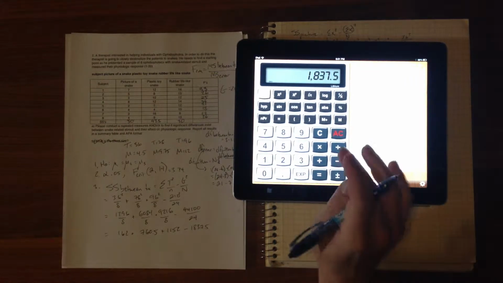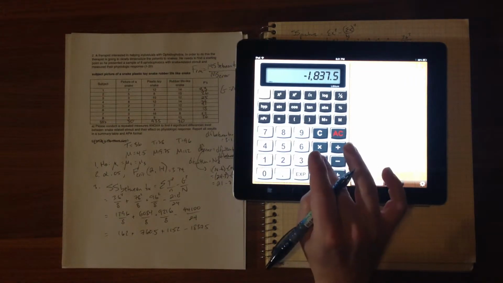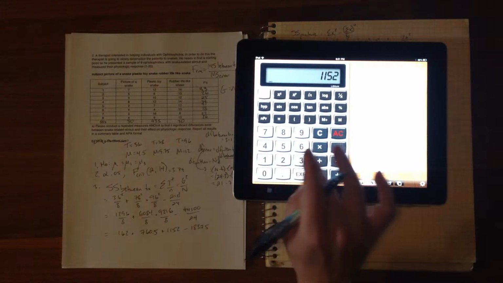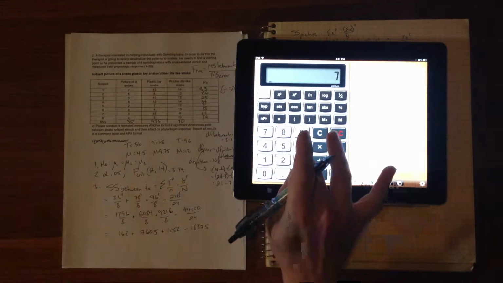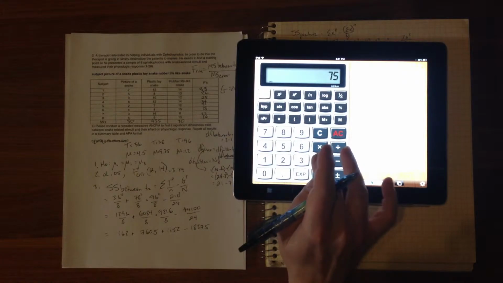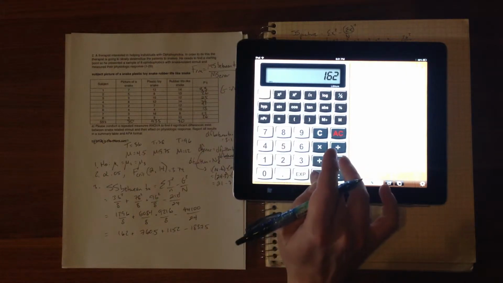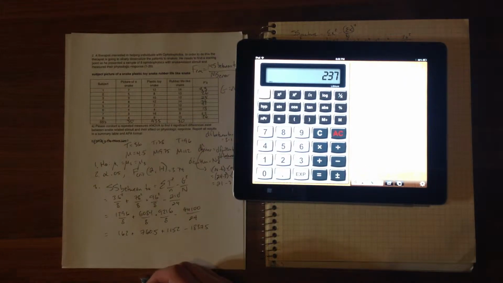Alright, let's try this. We'll make that negative, then we'll just add these. 1152 plus 760.5 plus 162 gives us 237.